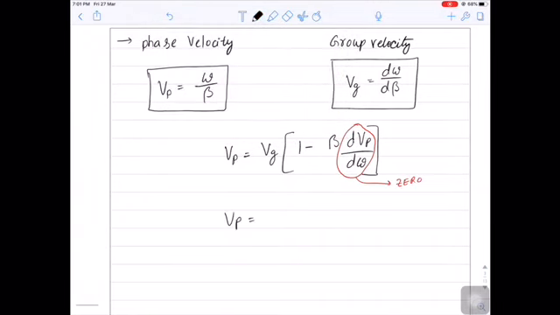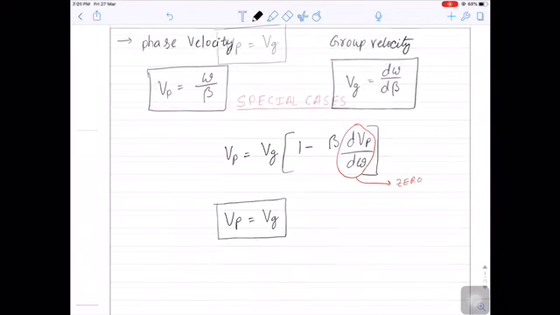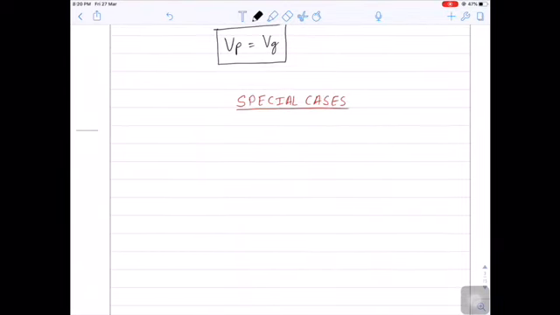Vp is equal to Vg. That means if the wave propagating in the transmission line is independent of frequency, then the phase velocity and group velocity are same. Later on, we have seen some special cases on transmission line, especially for a lossless transmission line.